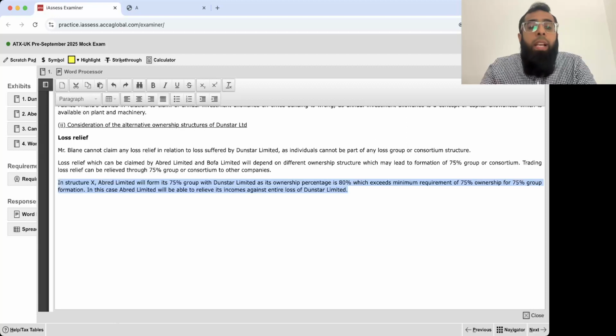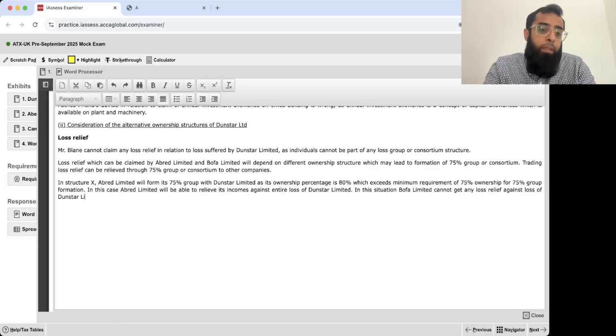In structure X, Abrid Limited will have more than 75% ownership, so it will just form its 75% group. It will access the entire loss. In this situation, BOFA Limited cannot get any loss relief against the loss of Dunster Limited, because now it is a group company of Abrid Limited. It is part of Abrid.